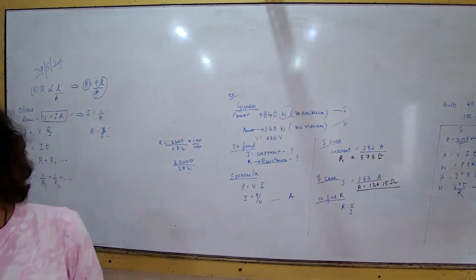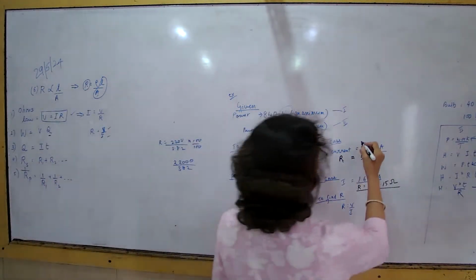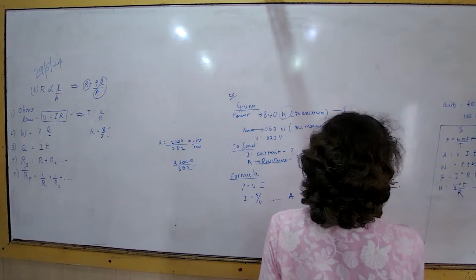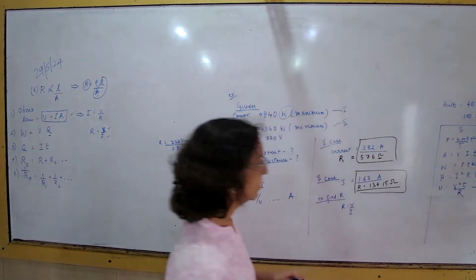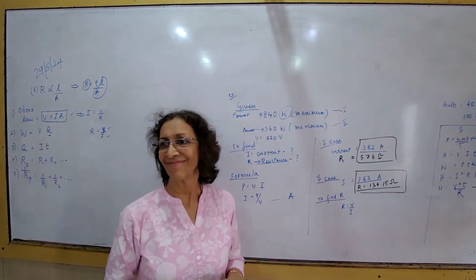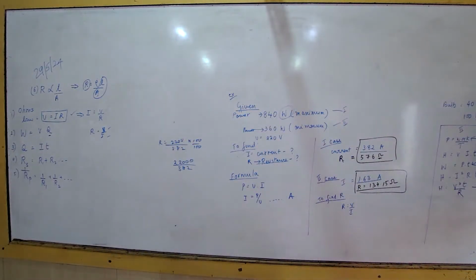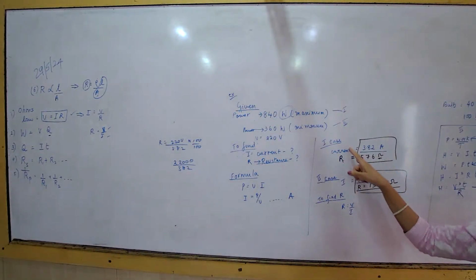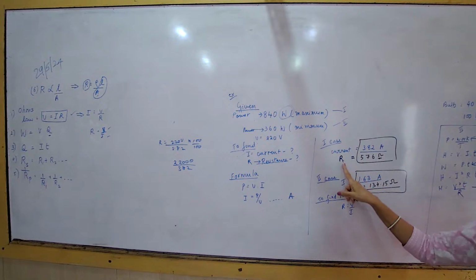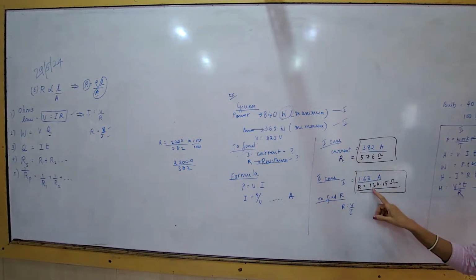Now, put your pens down, everyone. I want you to look at the answers that you have got. The resistance is more than the current flowing. Exactly. So this will give you an idea regarding current and resistance. Here the resistance is more, 134.